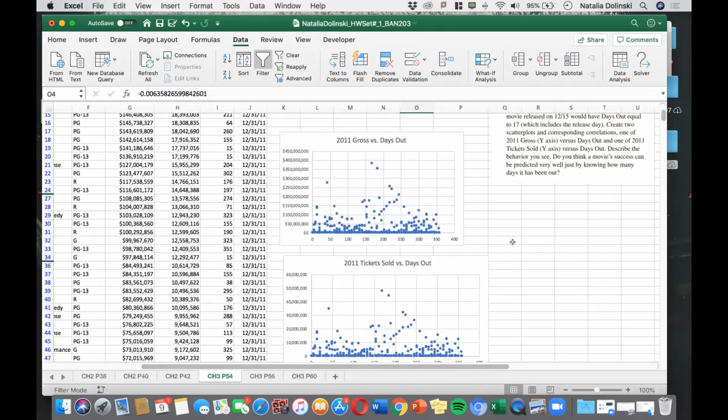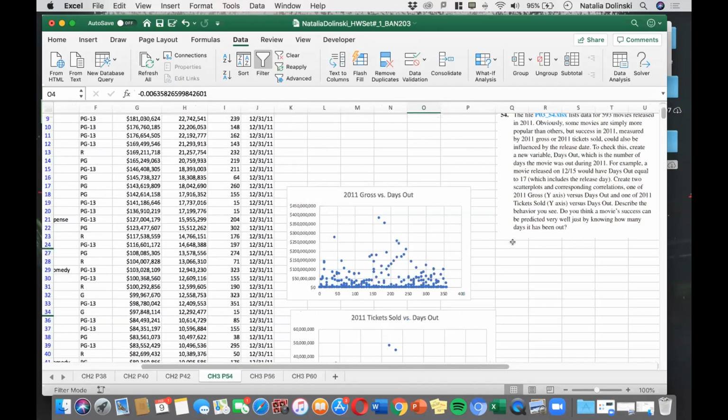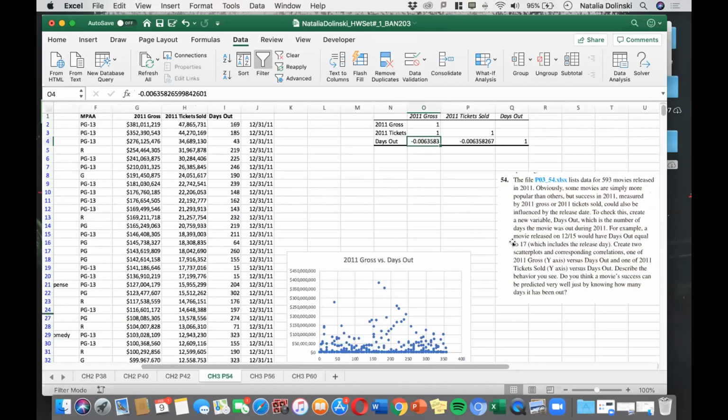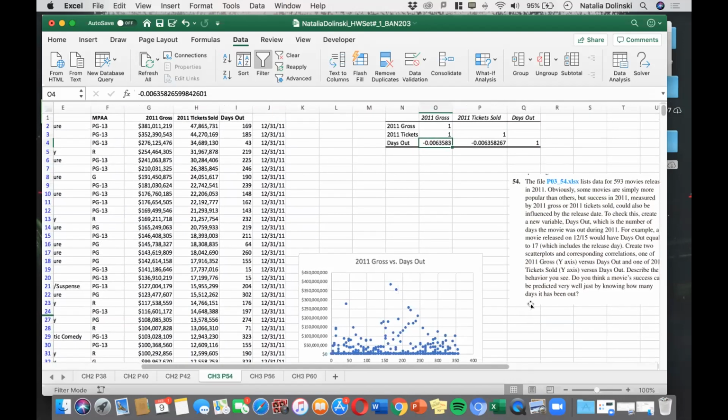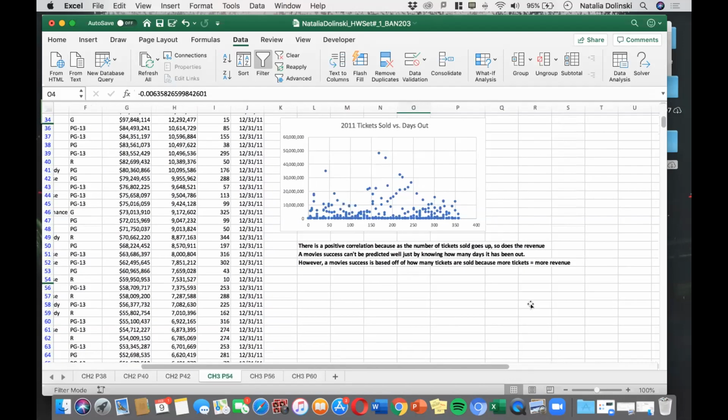Yeah. And your correlation is basically close to zero, correct? Mm-hmm. Therefore, your scatter plot and your correlation match. So there is no correlation? That's correct.